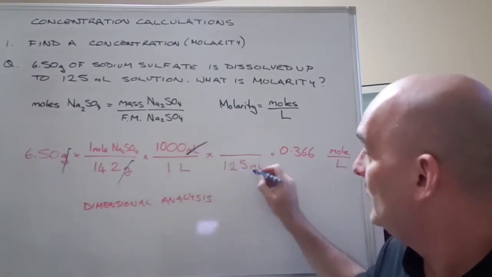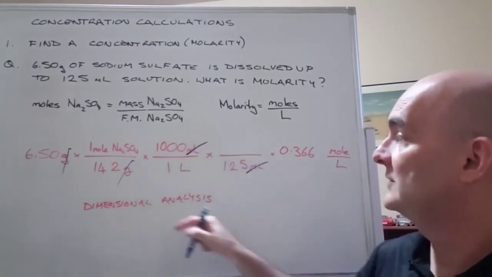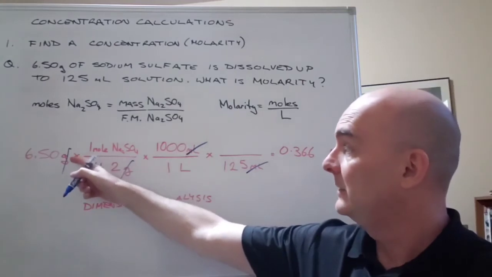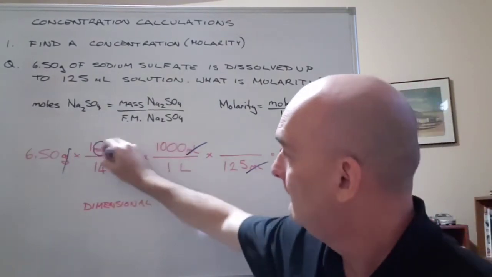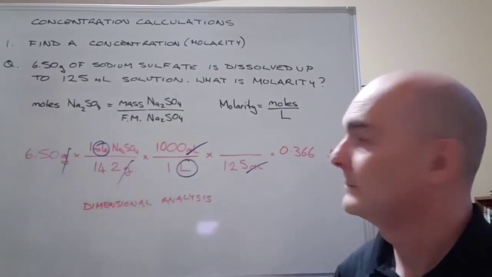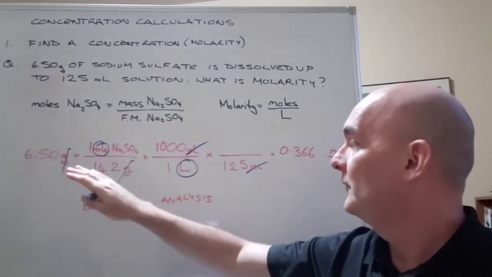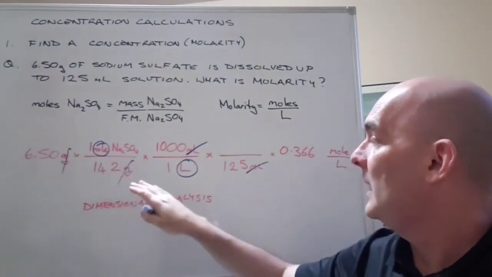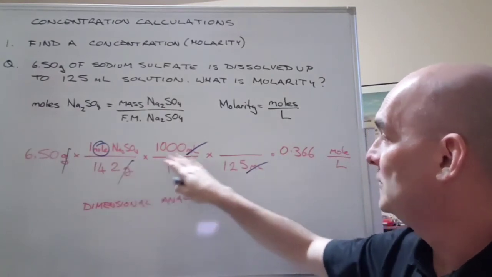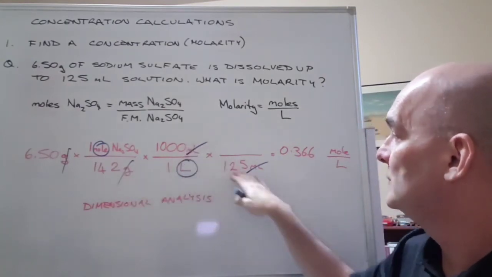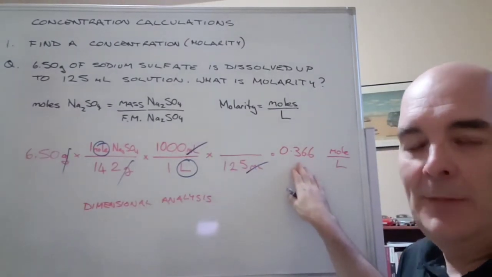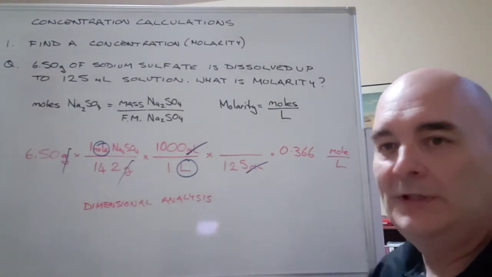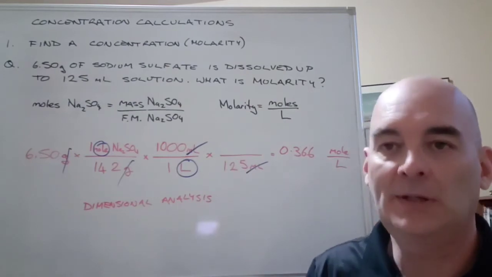So now those millilitres have cancelled, and my answer is in moles per litre. So when I take 6.5, divide it by 142, and then multiply it by 1,000, and then divide it by 125, I get the same answer, 0.366 moles per litre.